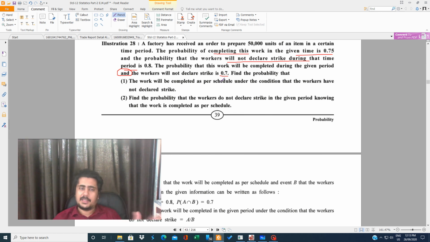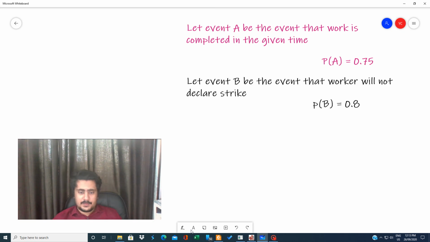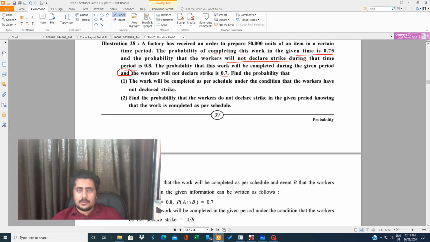That means A and B occurs. If A and B occurs, it means it is an intersection of events. So P of A intersection B is equal to 0.7.